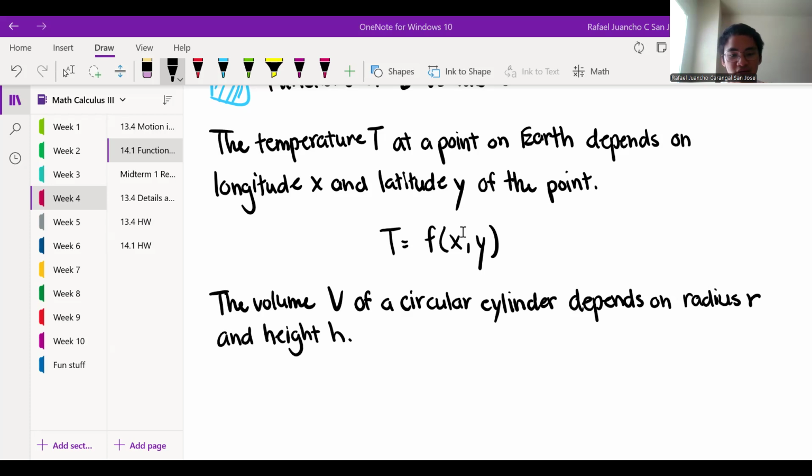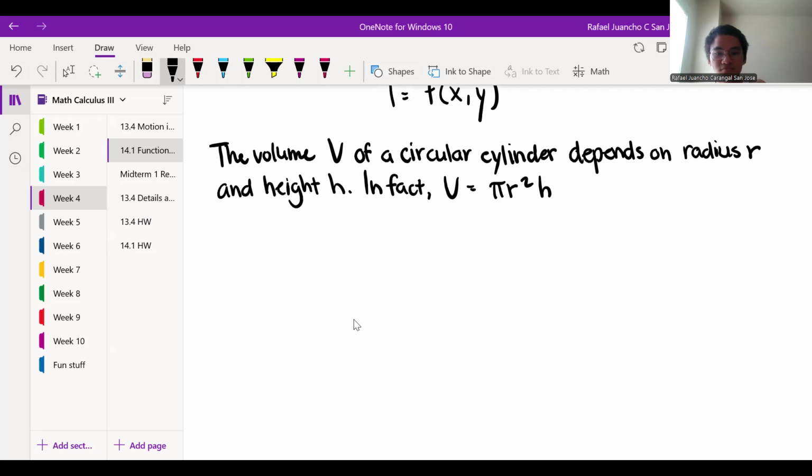In fact, we know that our volume is pi r squared times height because it's the area times the height. And we say that the volume is a function of r and h, right?